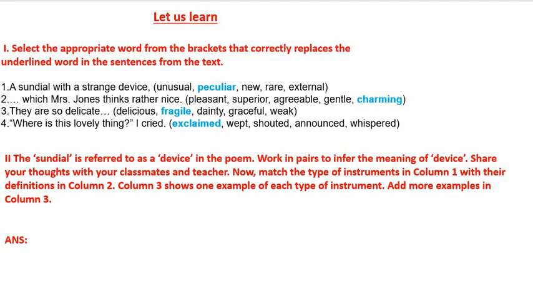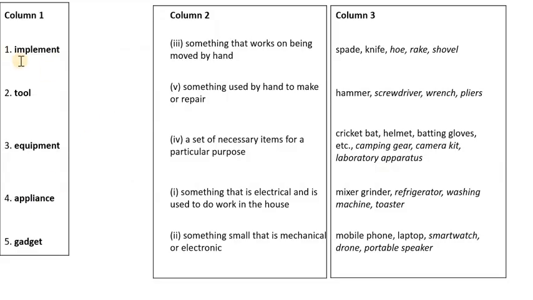Add more examples in column 3. Now the answer is: column 1, implement. Column 2, something that works on being moved by hand. Column 3, spade, knife, hoe, rake, shovel.